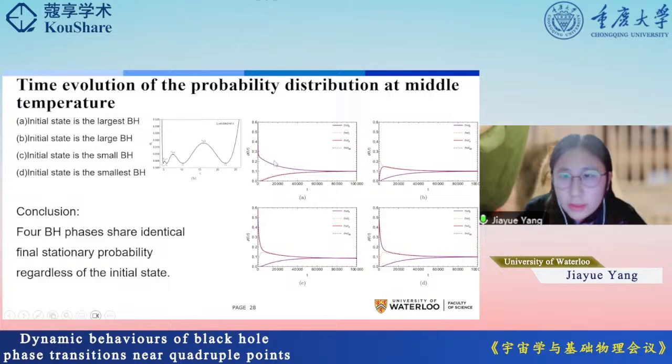As we can see, no matter the initial state, in all four cases, after a sufficiently long time they all share the identical stationary probability. This means that at the quadruple point, we have the four phases coexisting together. And so finally, the spacetime is a superposition of the four stable phases.